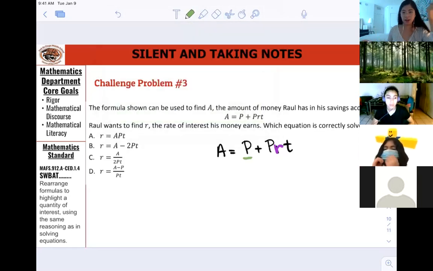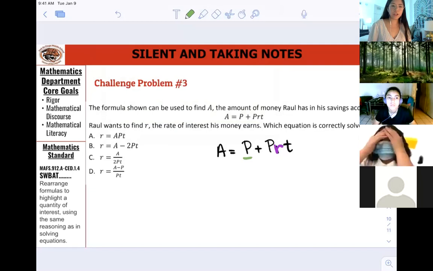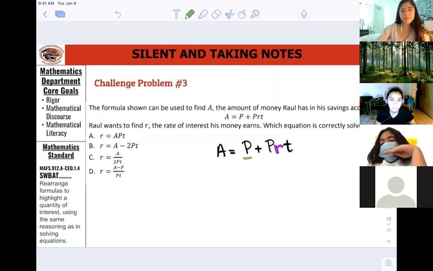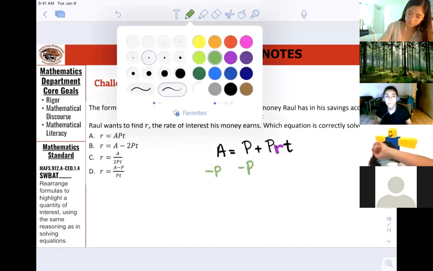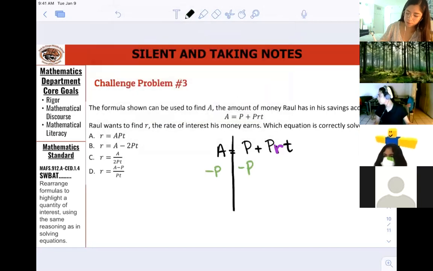Yeah, that one can move first. And what operation can I use to get rid of him? Subtraction. Good. We're going to subtract by P. Good job, guys. So minus P and minus P. How did I know to use subtraction and not addition?